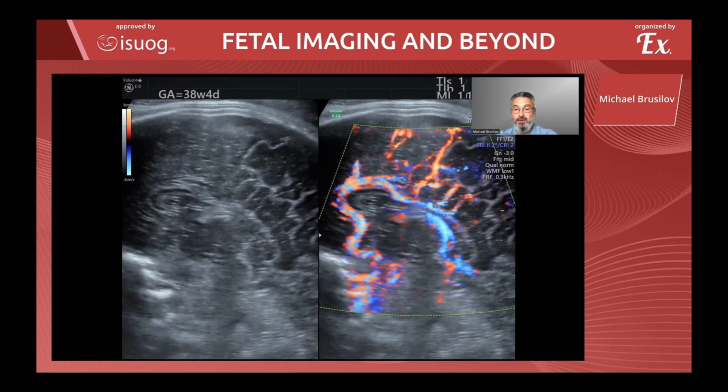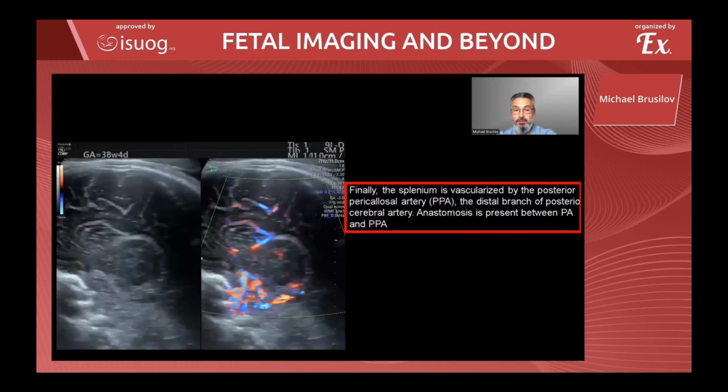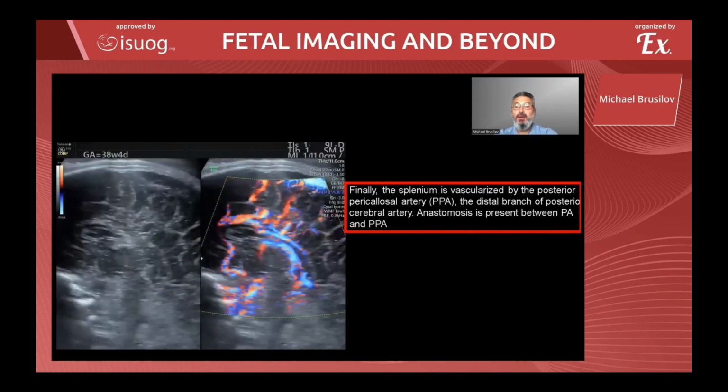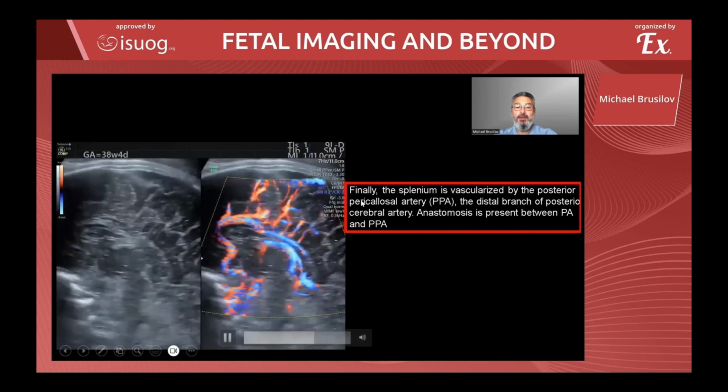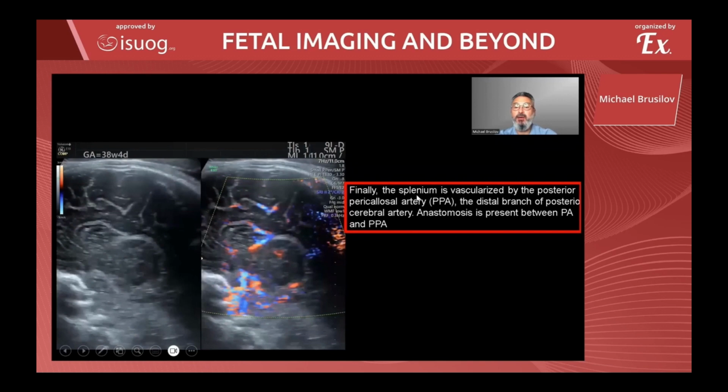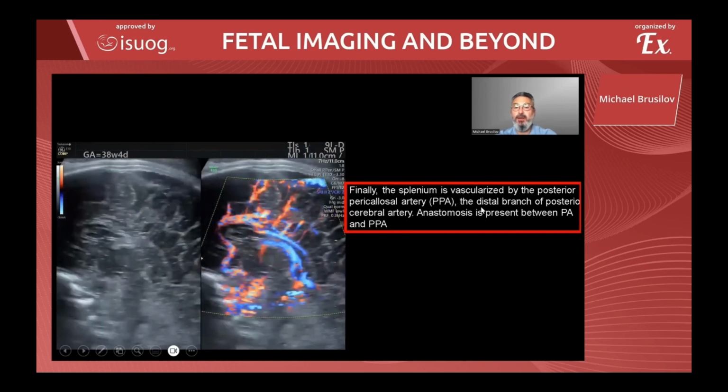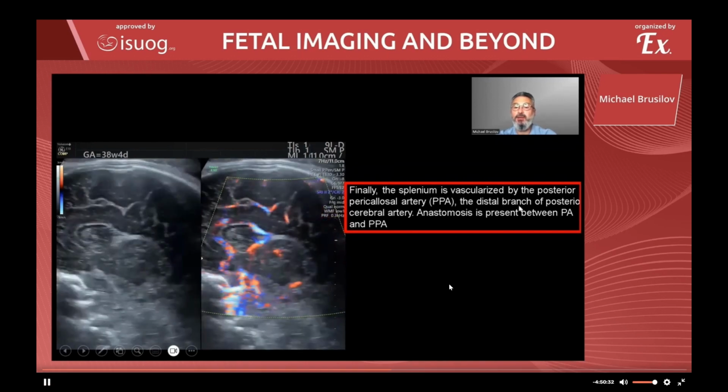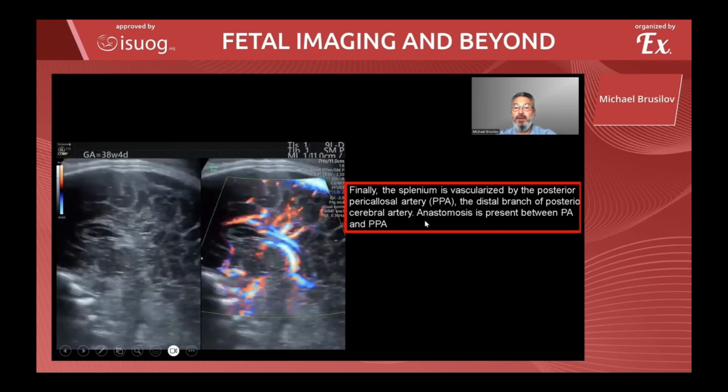The vascular accident was in the posterior part of the blood supply of the corpus callosum. You can see here the splenium vascularized by the posterior pericallosal artery and this branch of the posterior cerebral artery.